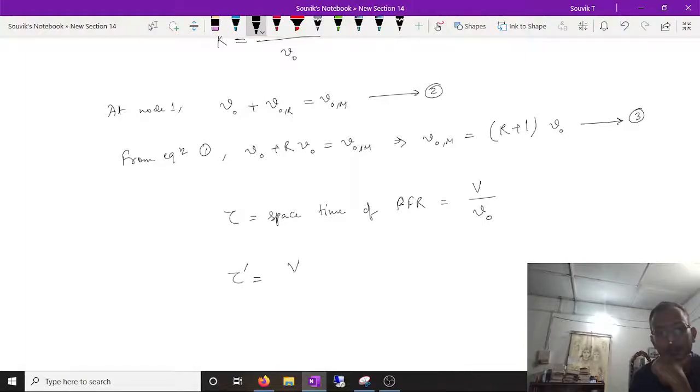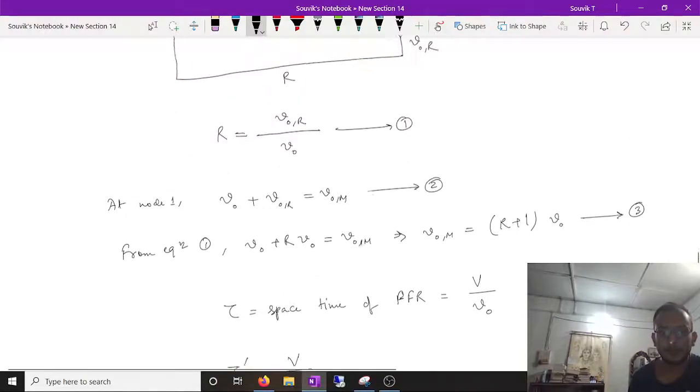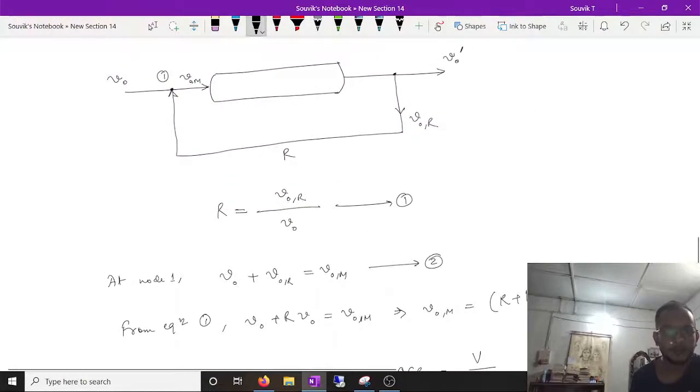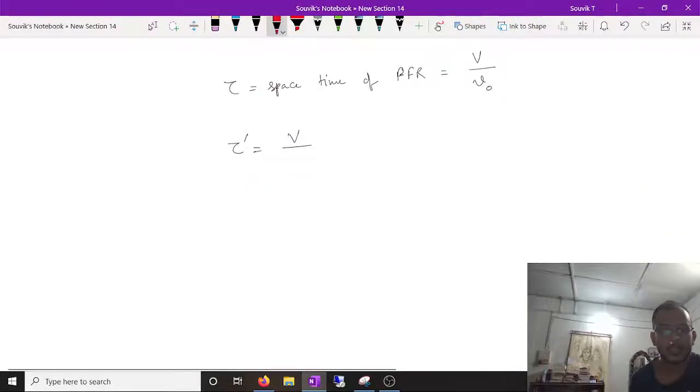Since there has been a recycle, we won't consider V0 as the flow rate in the denominator. Instead, since we are talking about the fluid that enters the reactor, we will use V0 M. Thus, in the expression the denominator V0 should change to V0 M.